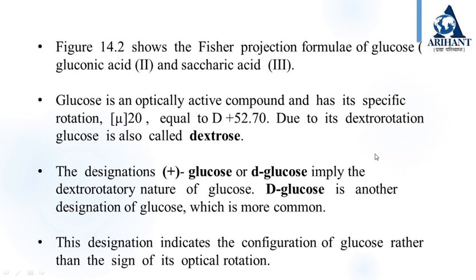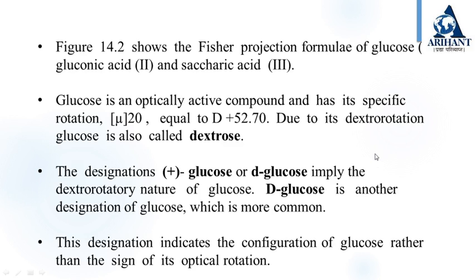Remember this, whenever glucose is passed through a polarimeter, it will rotate the plane polarized light to the right hand side. So it is always dextro-rotatory, and we can call it dextrose.